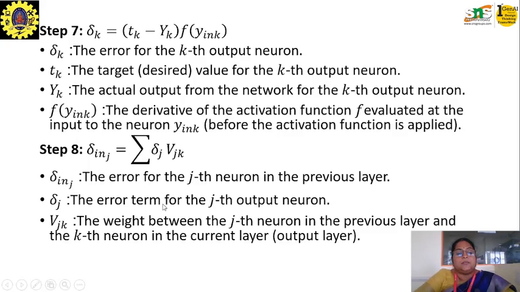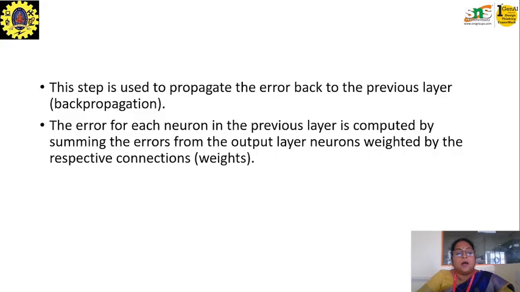In step 8, wherever we see del, it is an error value. The summation of all the del j, the error term from the jth output neuron, into vjk is the weight calculation. This is how the error is back propagated, rectified and added to the new weight values.